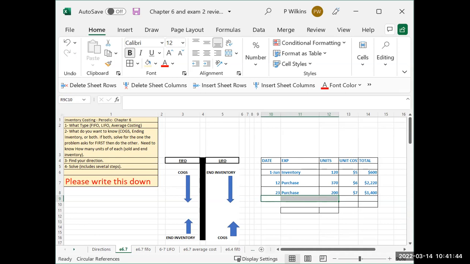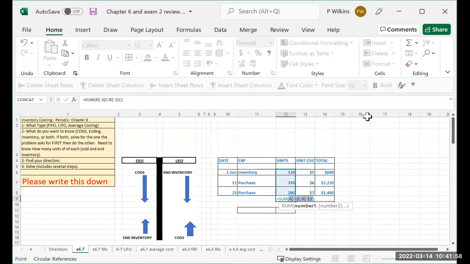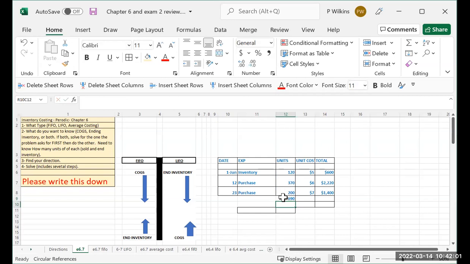Now we are going to add up the inventory and the 2 purchases to get the total units that were available for sale in the period. So 120 plus 370 plus 200. We had a total of 690 units available for sale. We had 120 units at $5 each for $600.